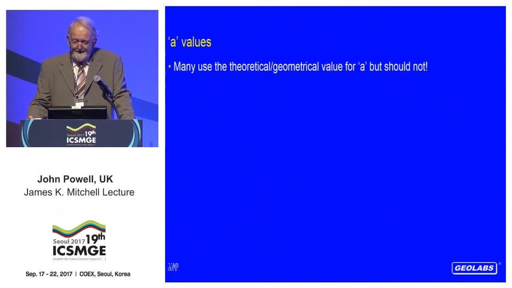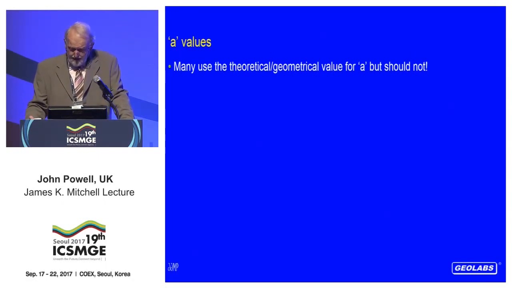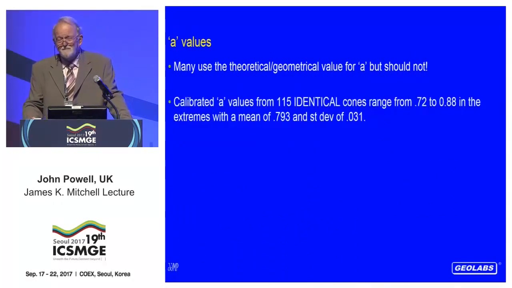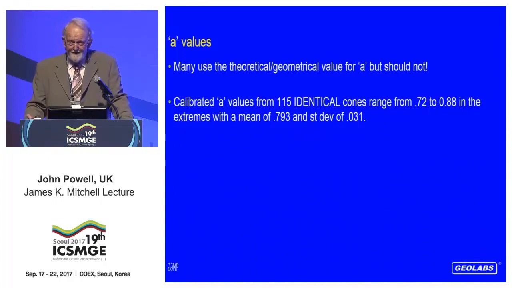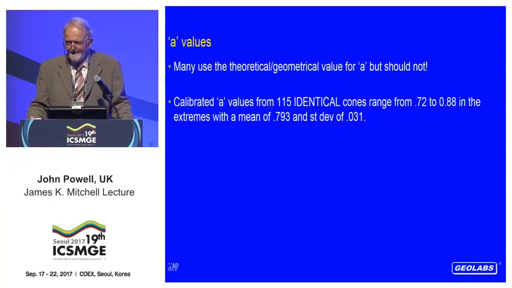the problem is that if you produce 1,000 cones the same, geometrically they'll all have the same area ratio. But when you calibrate them, here's an example from 115 identical cones. The range was from 0.72 to 0.88. That's a significant range in my mind.